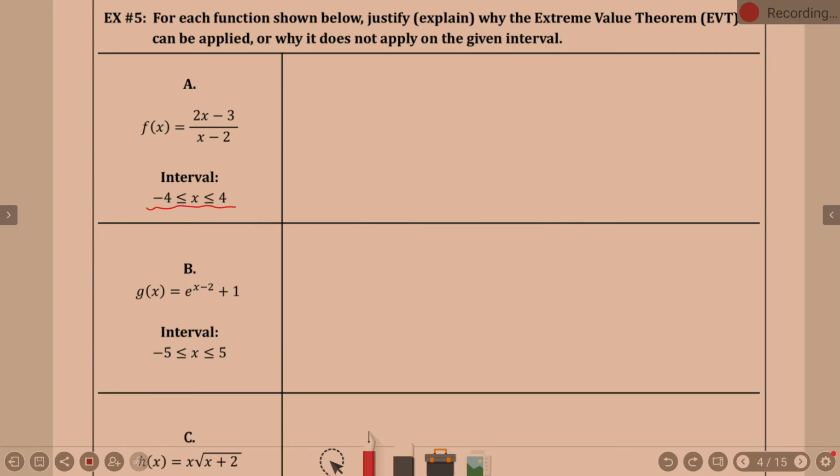Why not? Because on the bottom, if you put x equals 2, you guys see it? What do we know about the denominator?